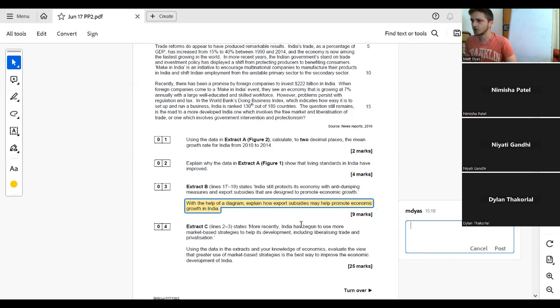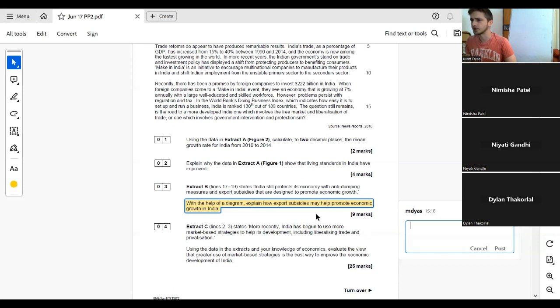To very briefly touch on how you might address it with a subsidy diagram, just for anyone wondering: draw a subsidy diagram, supply shifts to the right, price goes down, output rises. And then you would just need to link economic growth in somehow, because you can't show that with the diagram.